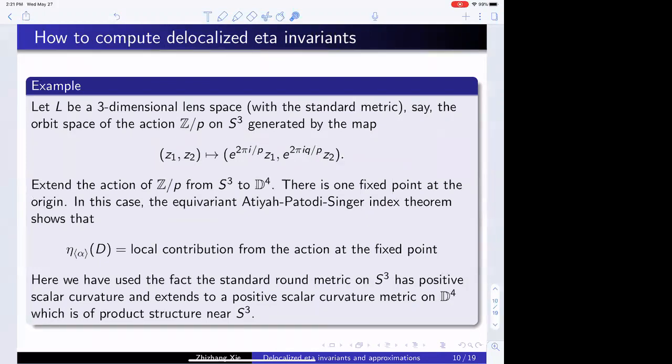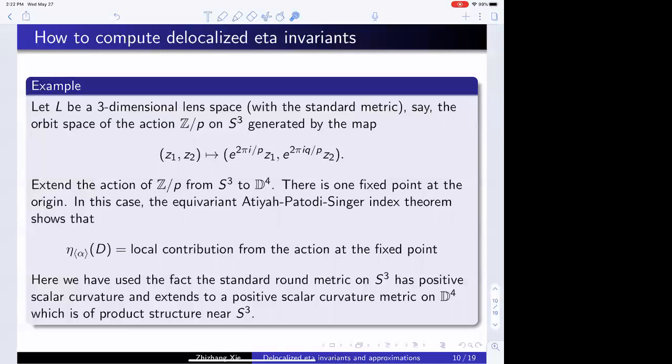Before that, let me point out that delocalized eta invariants are very useful in a lot of studies in geometry and topology, especially in the study of the space of positive scalar curvature on spin manifolds, and the manifold rigidity problem in topology. So it has a lot of applications. It is an important invariant. So to use it, of course, we somehow have to compute it one way or another.